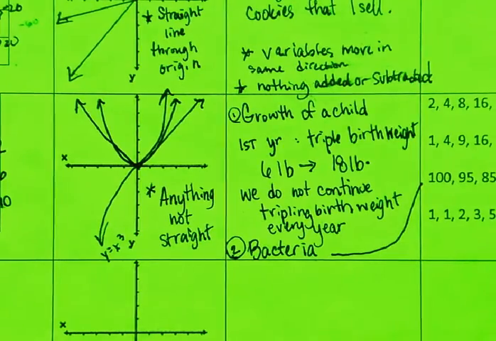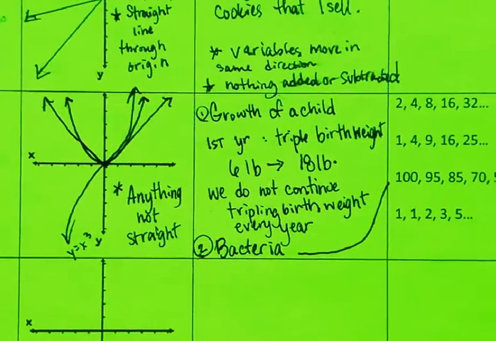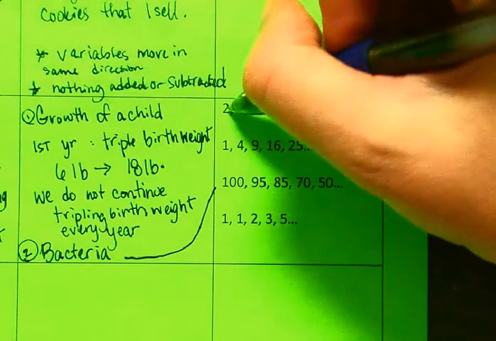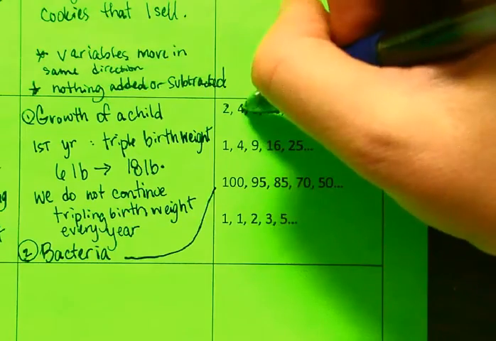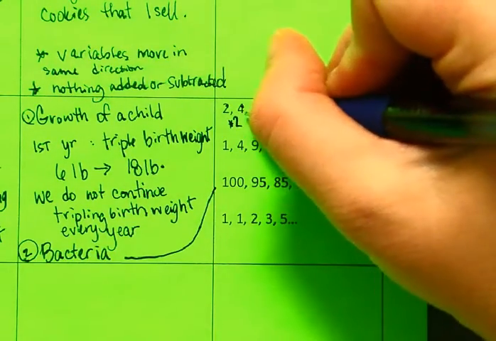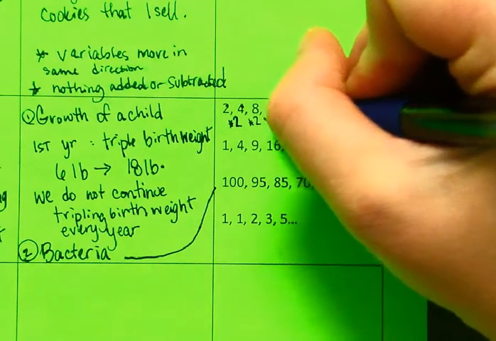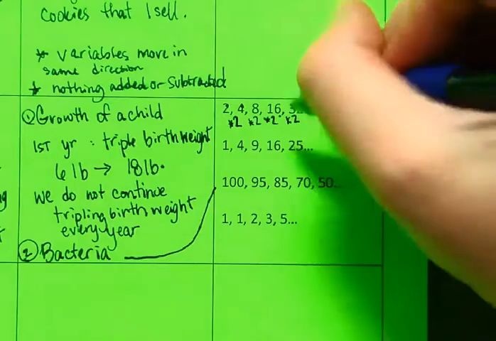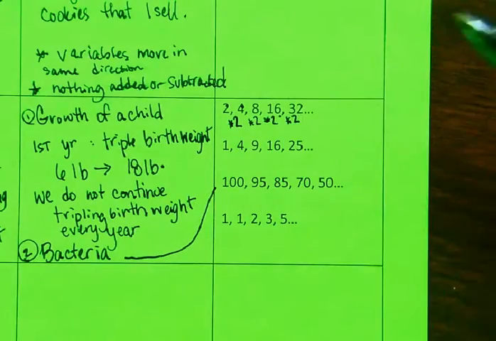Suddenly it just skyrockets. So that's bacteria growth, and that is not a situation that grows in a linear form. Now here, my sequence is I'm multiplying by 2 each time. That's going to give you a nonlinear relationship here.